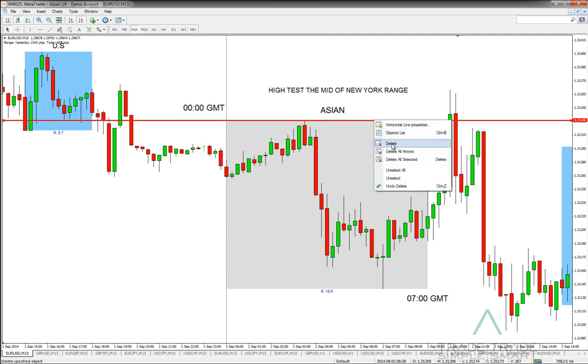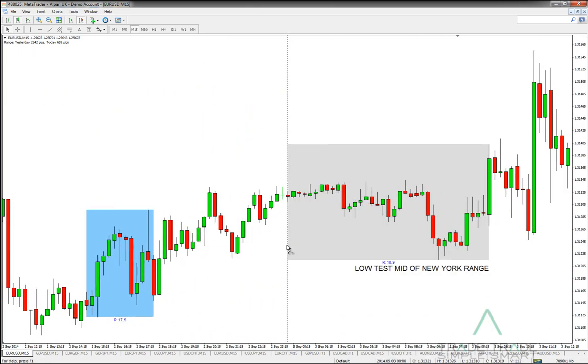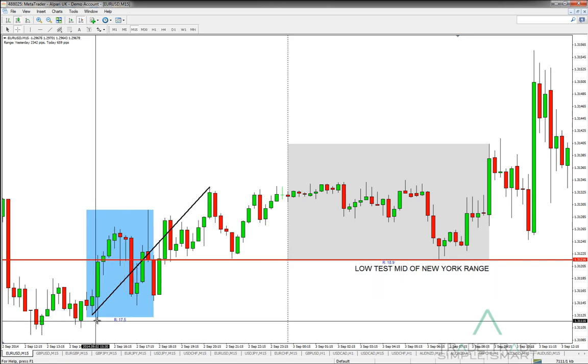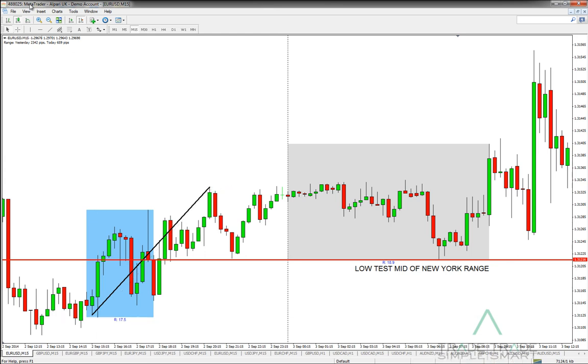If I delete the current day's high and we move on to the following day, and again I'm going to mark out the low to the high of the US session, and then we're going to mark out the current day's Asian low. And again, if I measure the low to high range of the prior US session, we have a 21 pip range.